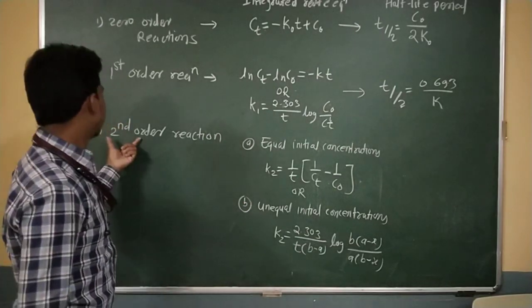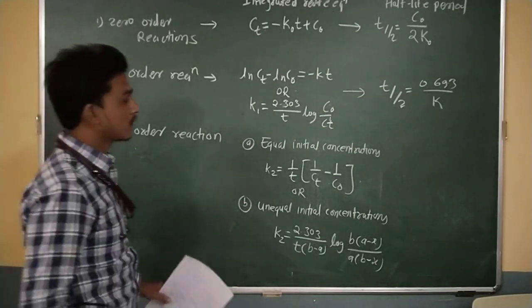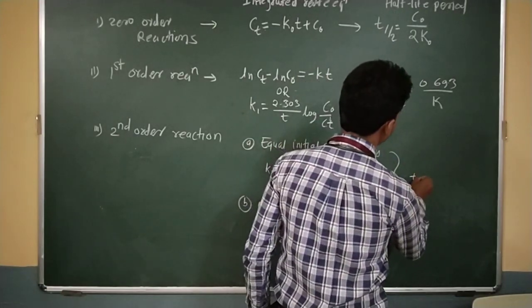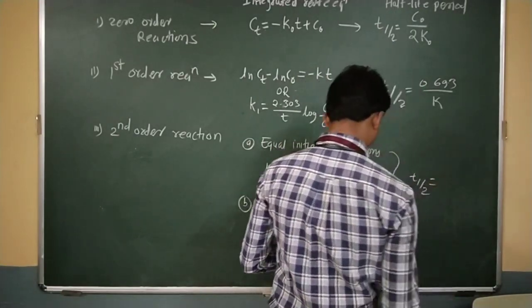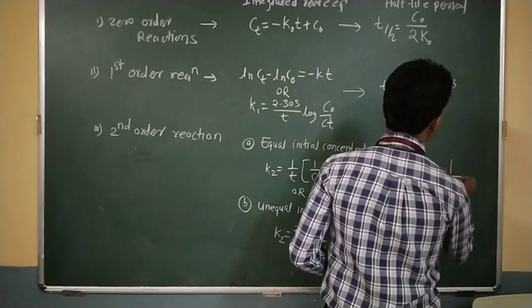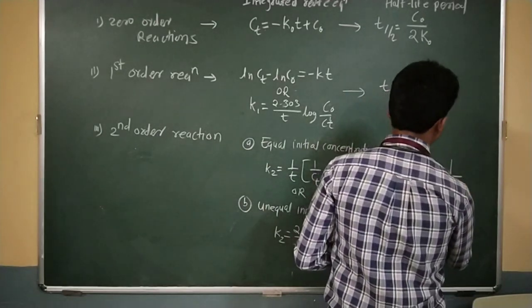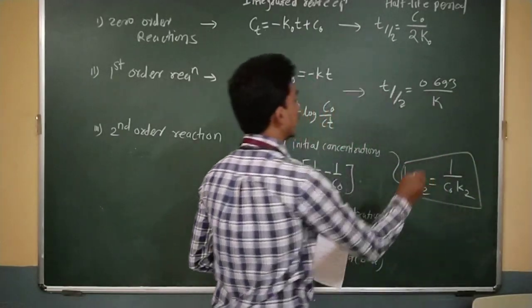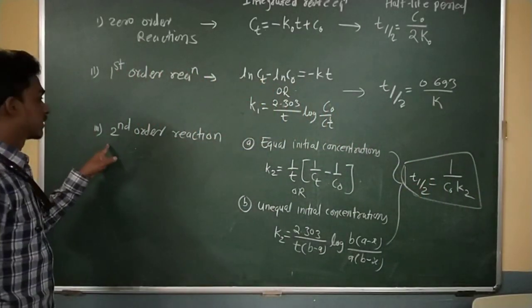So for second order reactions, half life period equations we have covered. t1/2 is equal to 1 upon C naught into K. This is for second order reactions.